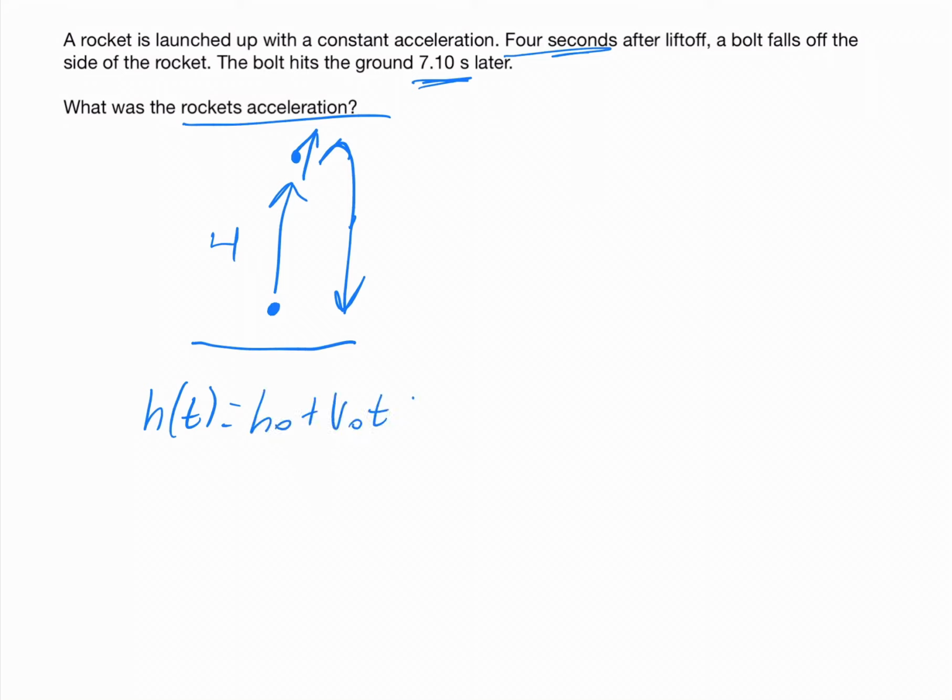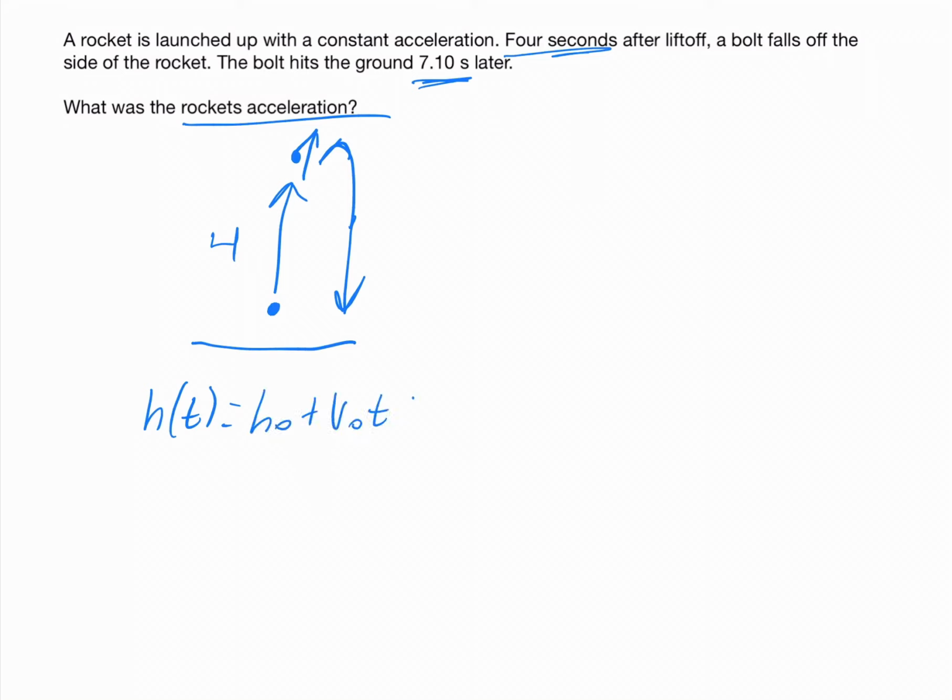Our initial height is 0 because it's starting on the ground. Our initial velocity is 0. We don't know ay, but we know t is 4. So h of 4 is equal to 1/2 ay times 4 squared, which is 8 ay.